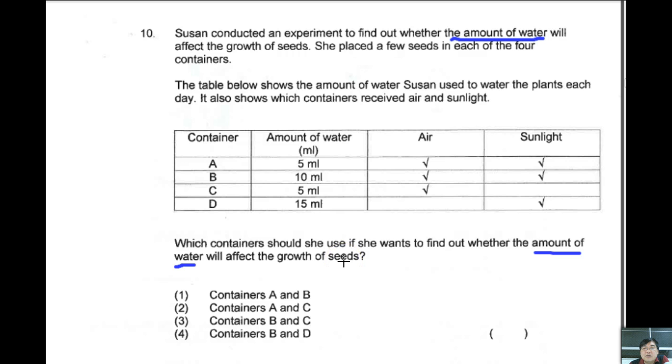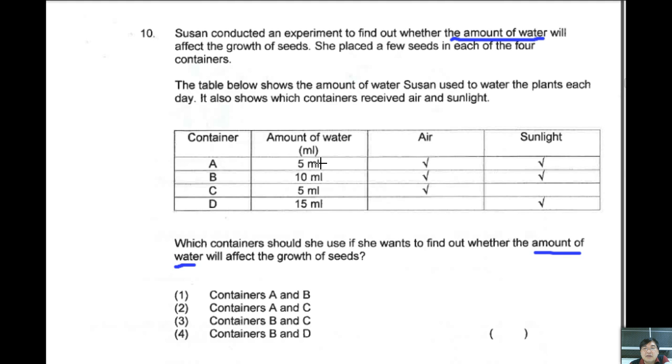It means water is different, but the other conditions, air and sunlight, must be the same. Look here. These two are the same: the presence of sunlight, the presence of air, and water is different. Most likely it is A and B. It cannot be C and A because they have the same amount of water.